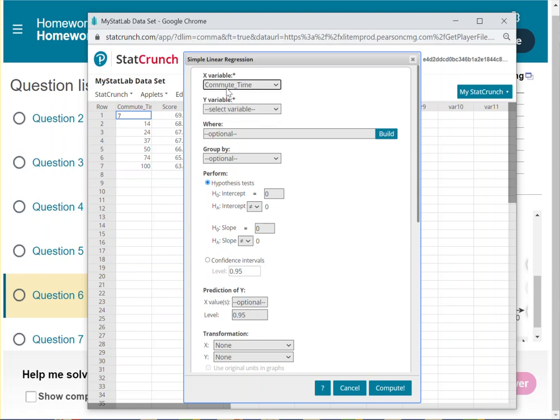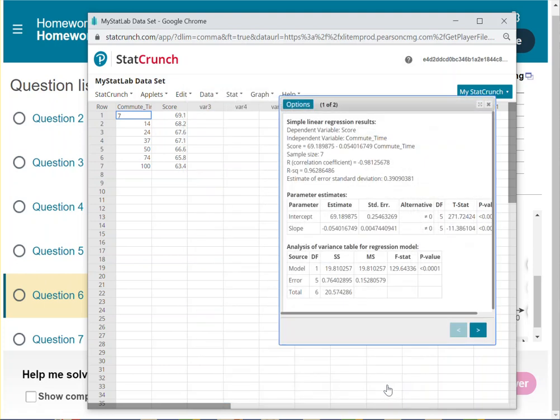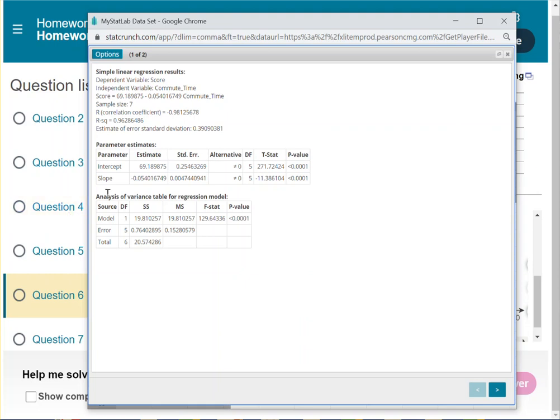That's our independent variable or the explanatory variable, and then the score, that's our score on the wellness test. So let's go ahead and compute. While we're here, we're going to write down the correlation coefficient, which is, careful there, it is negative 0.981 if we round to 3 decimal places.